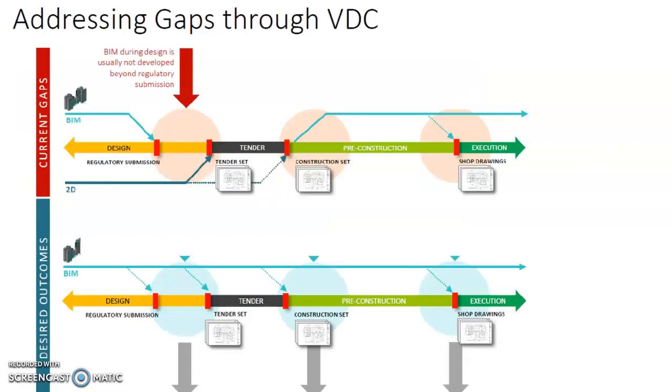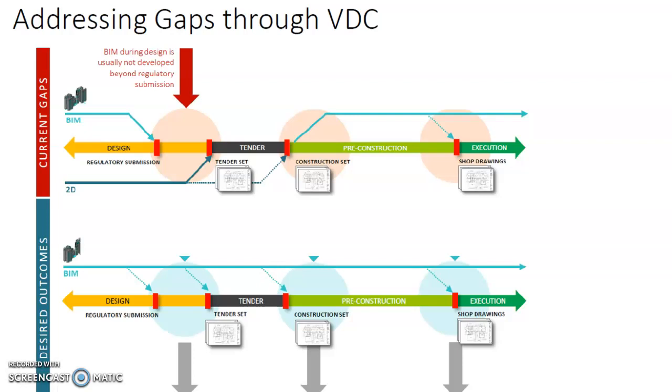Currently, there are still some inefficiencies in the way our projects are delivered even when we are using BIM. For example, in the design phase, the BIM is usually not developed beyond the regulatory submission, meaning that the BIM model is typically developed just for submission to the different authorities.